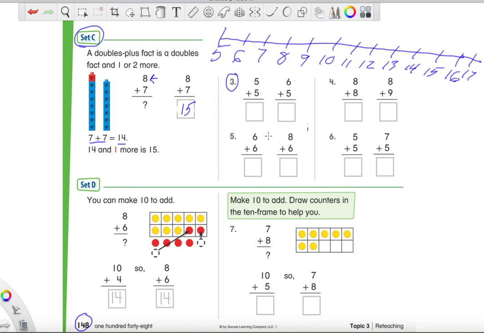If you're still working on those 2 addition facts, then pause the video and take your time. But if you're all done, let's go over these answers really quick.